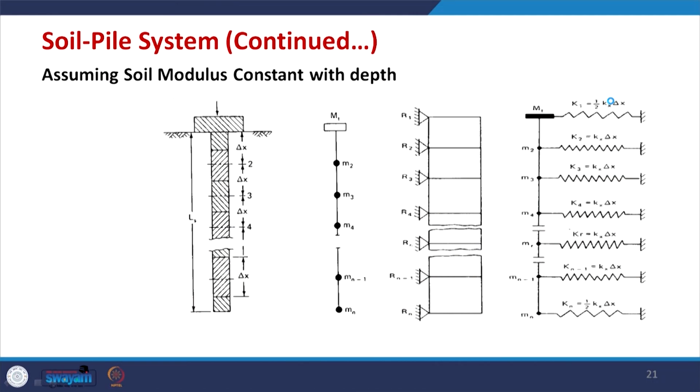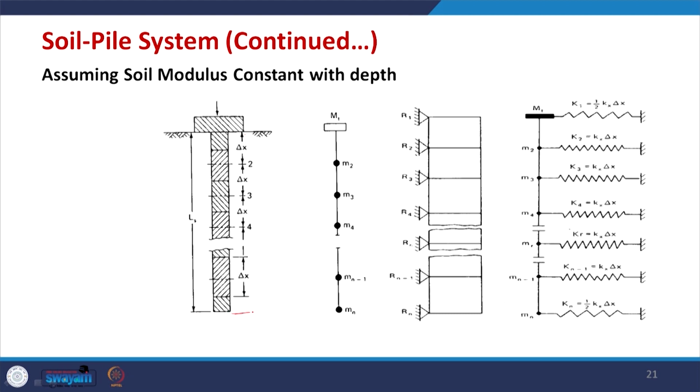However, for simplification in this case, it is assumed that the pile is divided into a number of segments and the length of each segment is uniform, which is delta x as shown in this figure. So, delta x, and naturally the last one may be different.